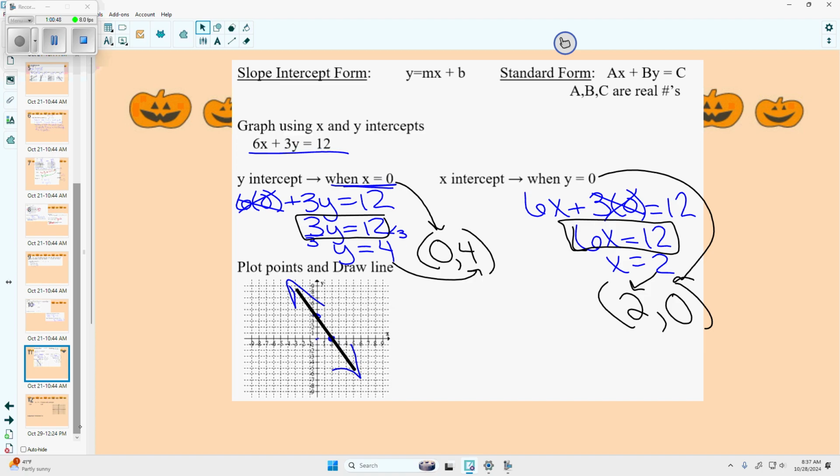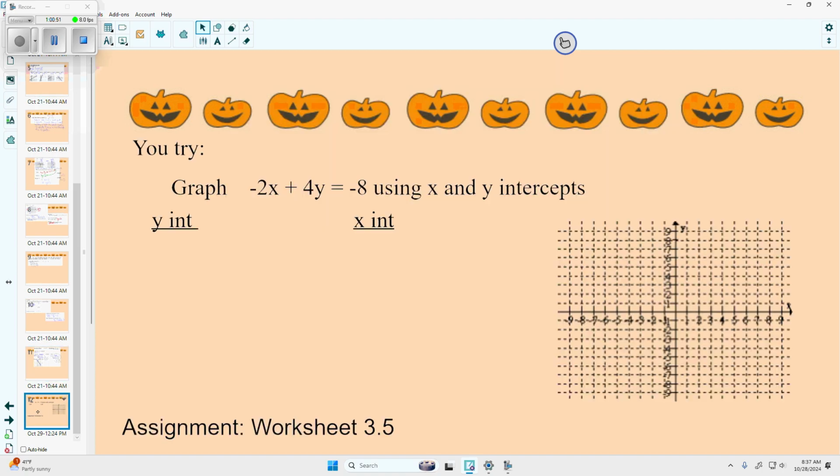Yes. Y is when x is 0. X is when y is 0.